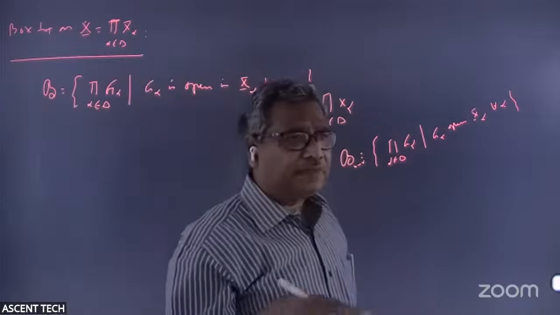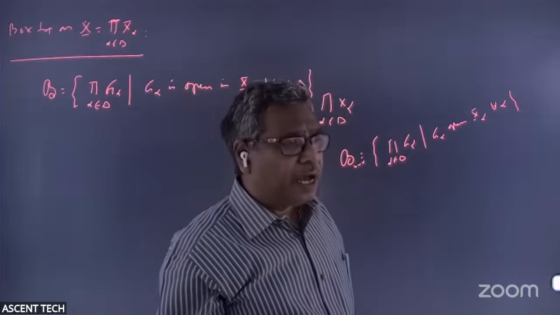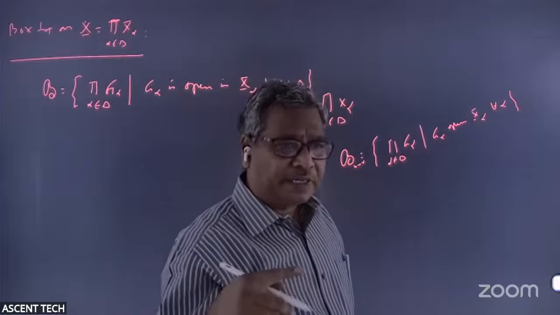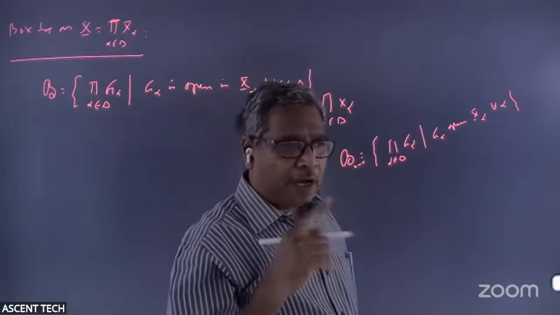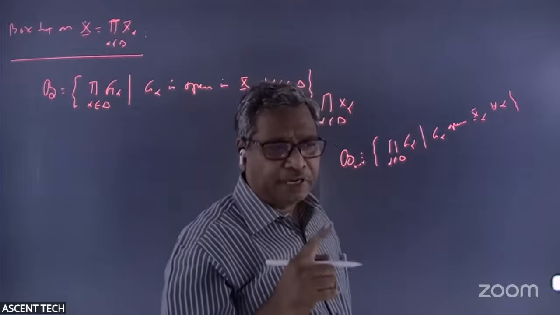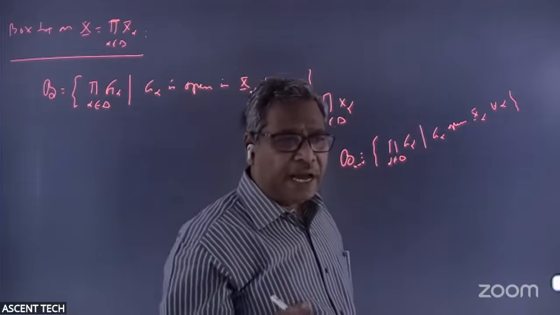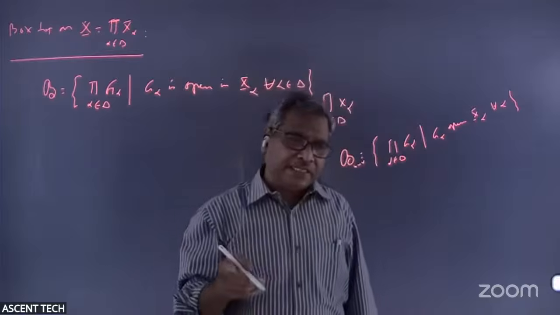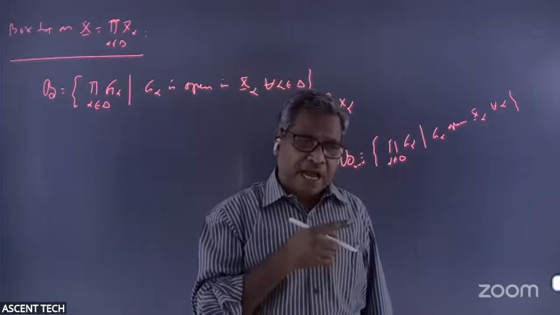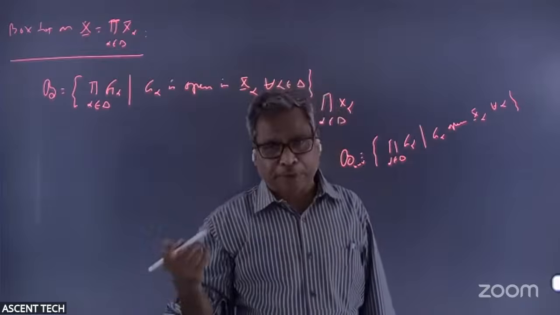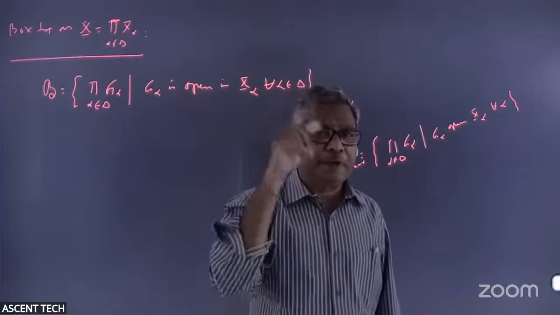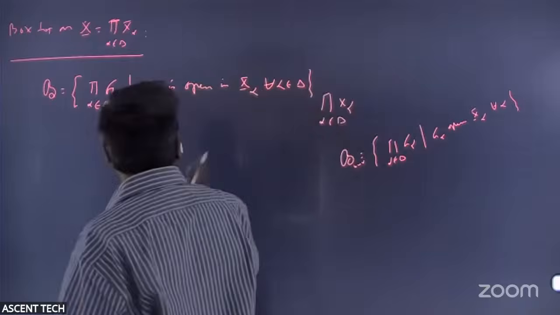What is the condition for something to be a base for a topology? The union of all the basic elements is the whole space. And if you take two basic open sets B1 and B2 in B, then for a point x in the intersection, I should be able to squeeze in a B3 between x and B1 intersection B2. If that happens, that will be a base for some topology. We can verify that.